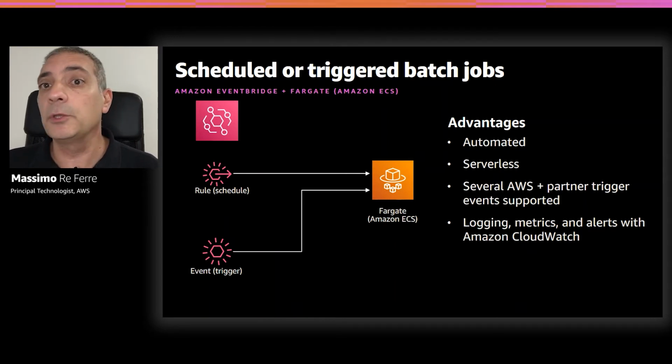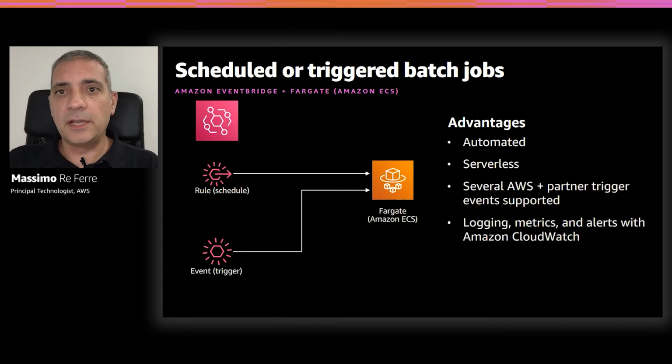The two typical use cases here are, I just want to run an ECS task at a given time, or I want to run an ECS task when something happens in another service, for example, the S3 example. This is kind of easy to set up.